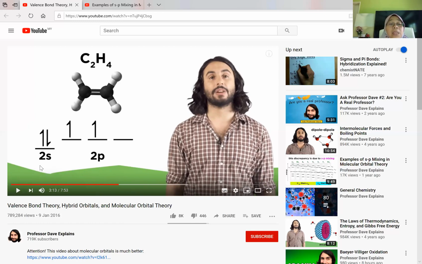Okay, originally the valence configuration is 2s2 and 2p with a single electron and an empty orbital. This is the original before it is hybridized, okay?